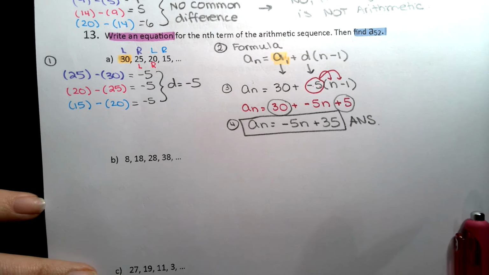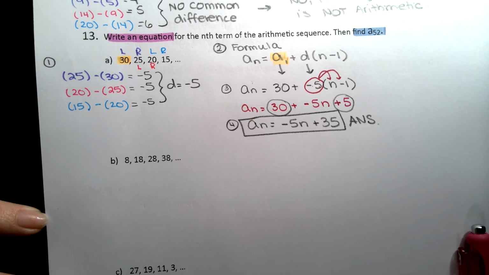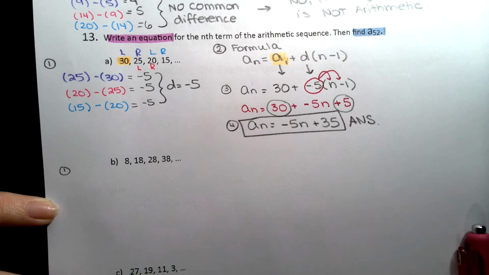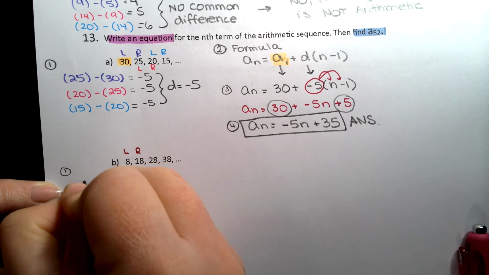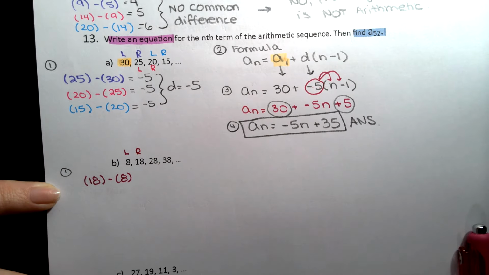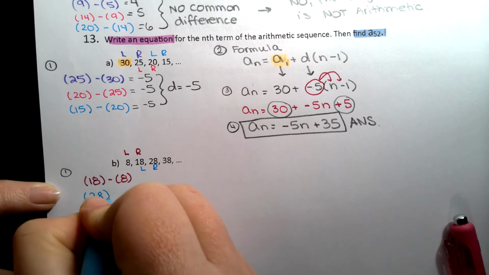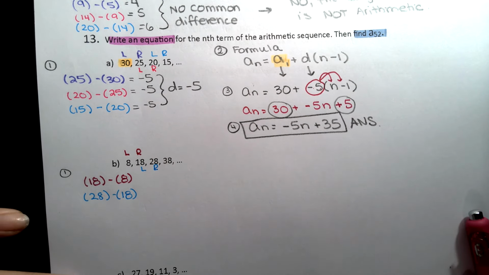All right, let's try it again for B and for C. Again, let's start with step number 1, which is figuring out if we have a common difference. So we take our right number, subtract it by our left number, take our right number, subtract it by our left number, and take our right number, subtract it by our left number.